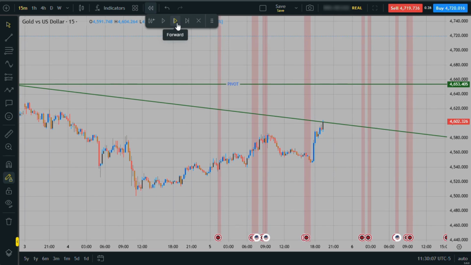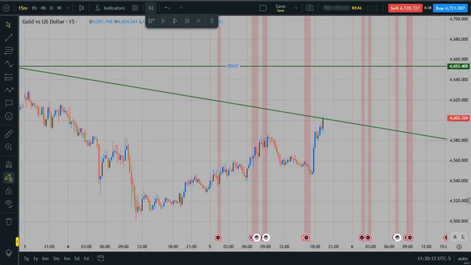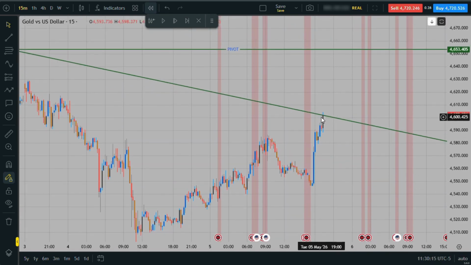So I saw a breakout here, but wasn't certain because I wanted a full candlestick to break this trend line, a full candle closure.